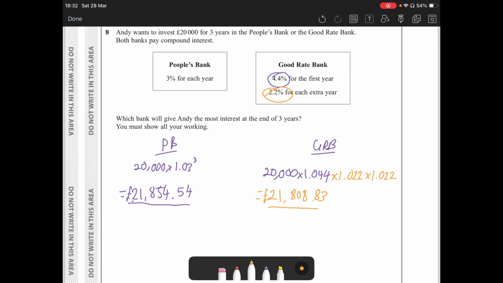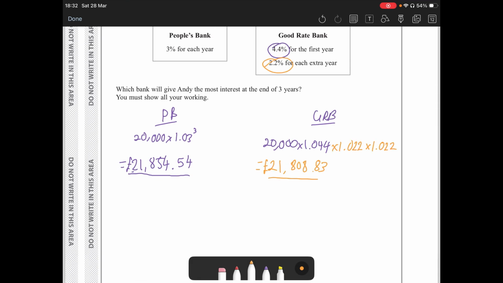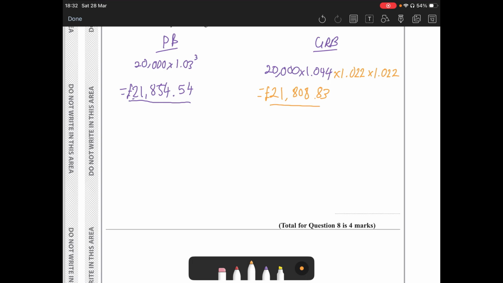So which bank? This is an interesting question. So we'd say Good Rate Bank pays more interest. Oh, I can't believe I said that.